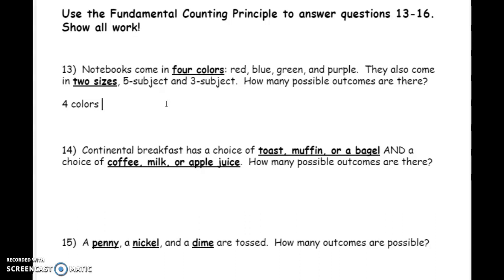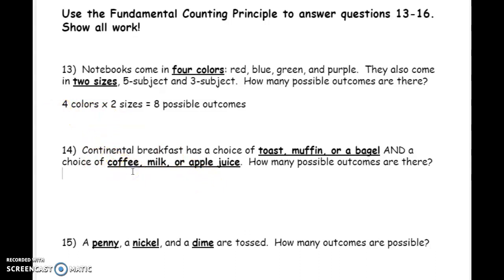Once you see a number, you just automatically start doing operations with them, which you shouldn't be doing. Right now, the problem is telling us that we only have outcomes of colors and sizes. So 4 colors, we're going to multiply them times 2 different sizes. So 4 times 2 will give us 8 possible outcomes.